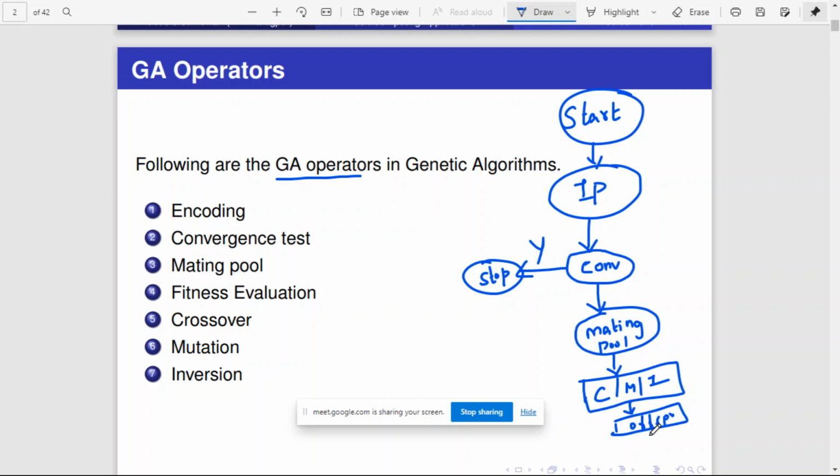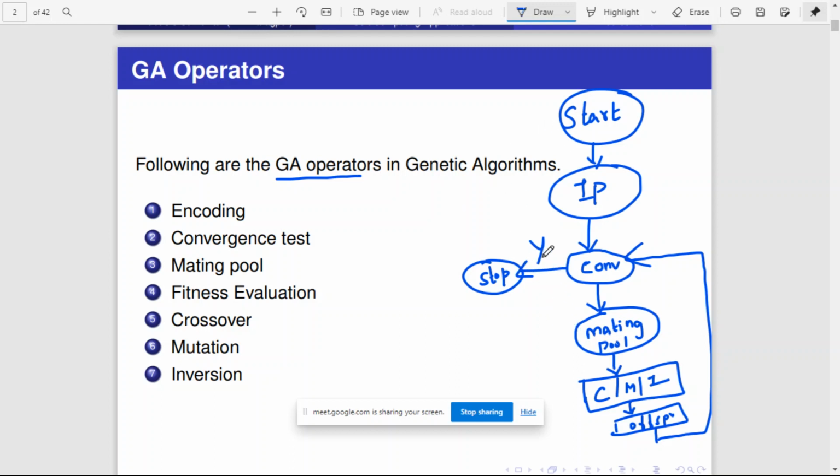And again we check whether the convergence is met or not. If convergence is met, we will stop. Otherwise, once again continue this process until it converges. So this is the overall working procedure of a genetic algorithm.